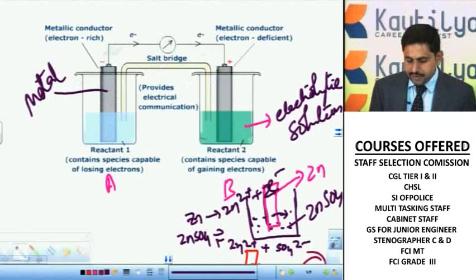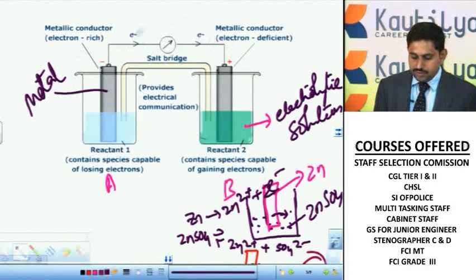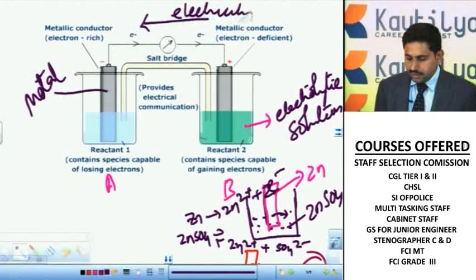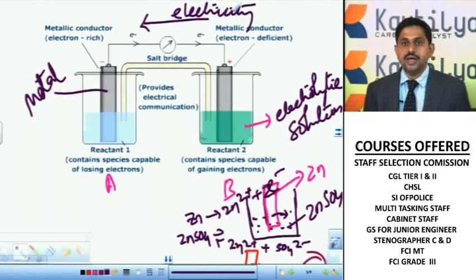Now it is going to transfer the electron, and the current will flow in the opposite direction. The electrons move from the first reactant to the second reactant, and the electricity will flow in the opposite direction.